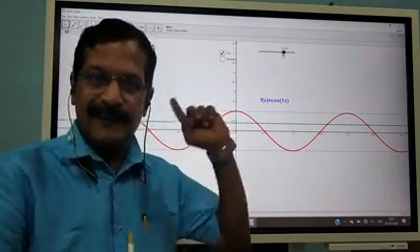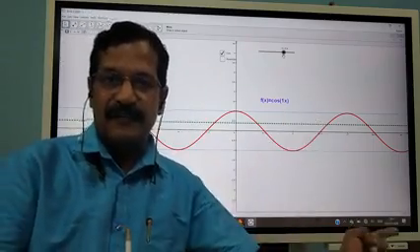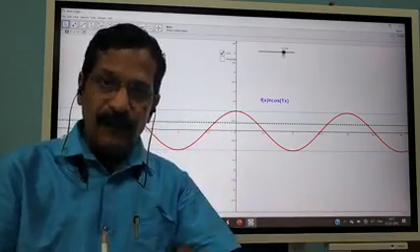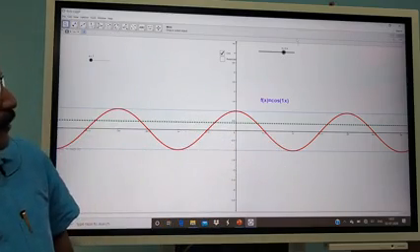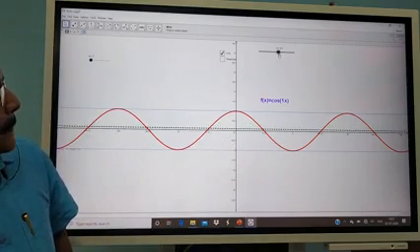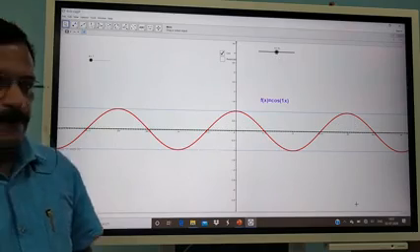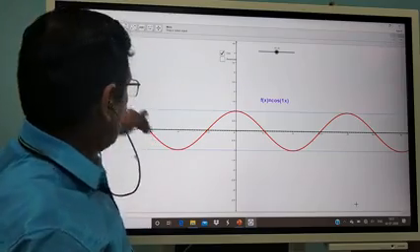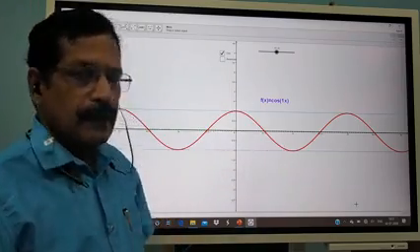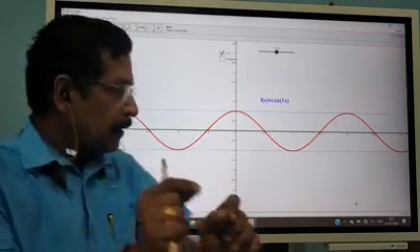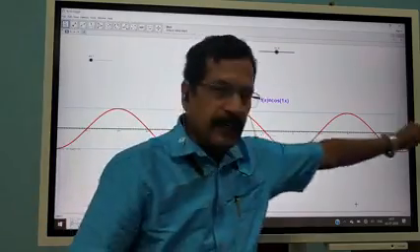Just like in the case of sine inverse, the same way we have to restrict the domain. How to restrict the domain? Let us see. The cosine function takes values between -1 and +1. Actually the domain is the set of all real numbers.